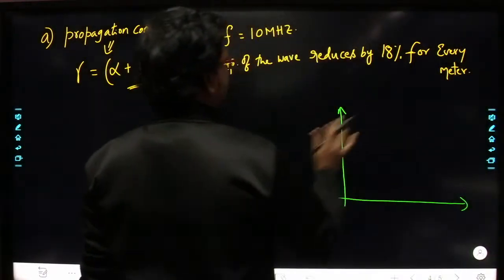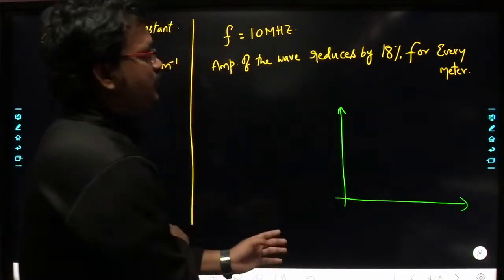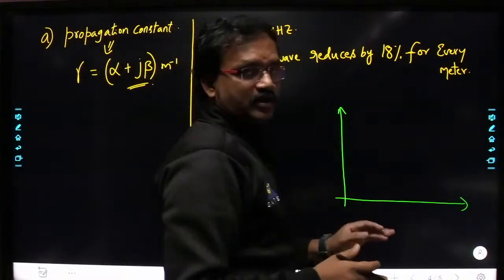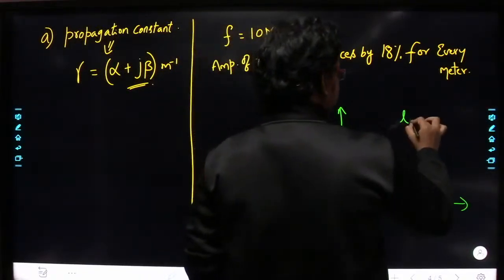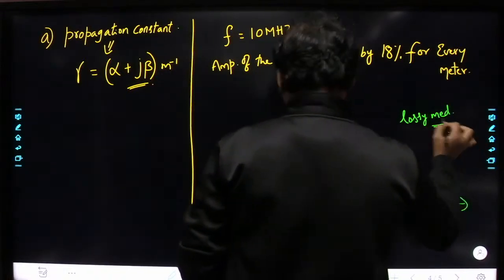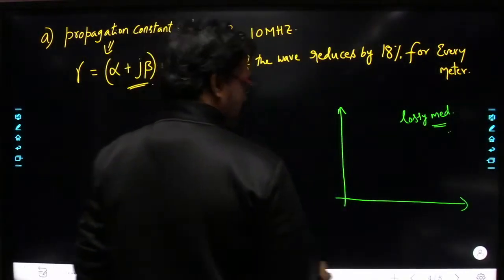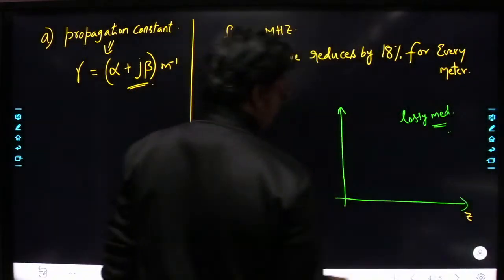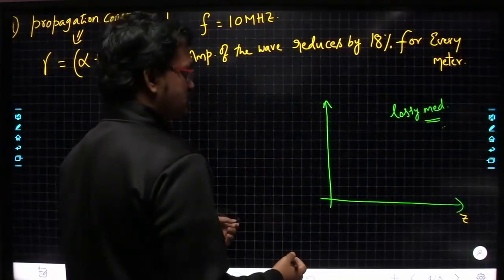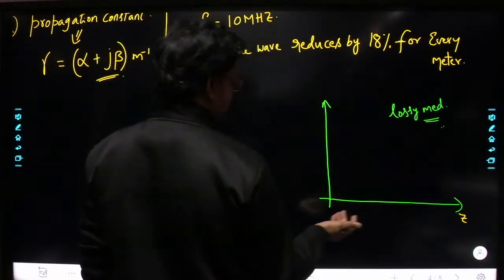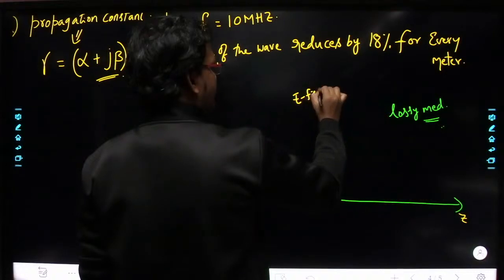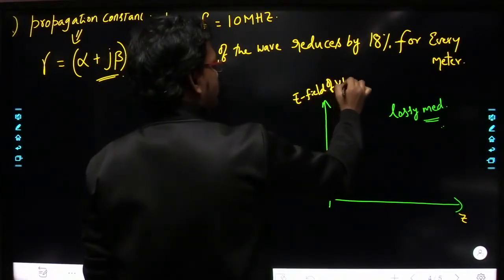See, the amplitude is reducing, which means the wave is propagating in a lossy medium. So let us say this is some lossy medium, and it is propagating along the z direction. You can consider any direction, x or y, but I am considering the z direction. Here I am considering the electric field of a uniform plane wave.